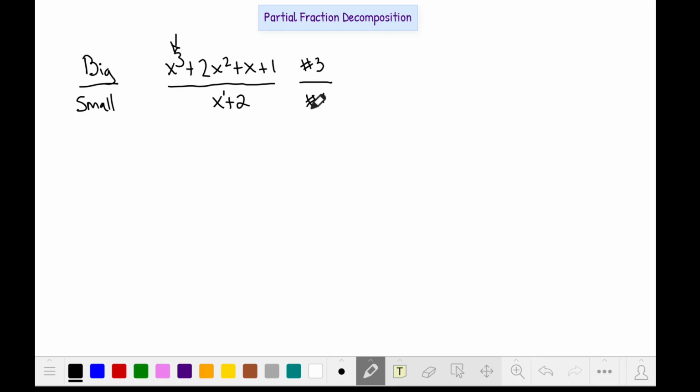So we've figured out a couple different ways that we can do big divided by small. Sometimes it divides nicely with no decimal points. Sometimes it doesn't divide nicely and we end up with the polynomial equivalent of decimal points. And that's all fine and dandy, but sometimes we'll end up with a small polynomial being divided by a big one.